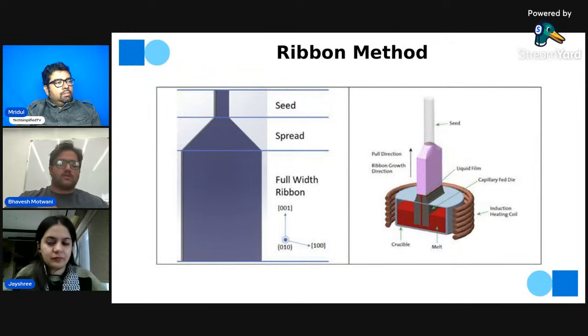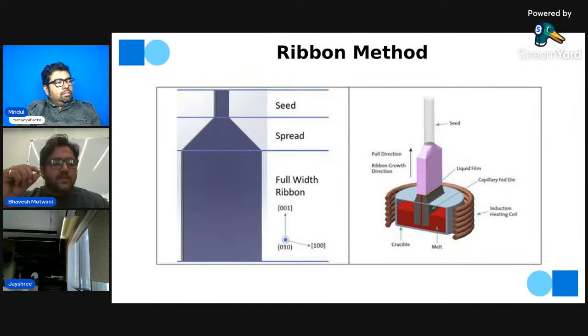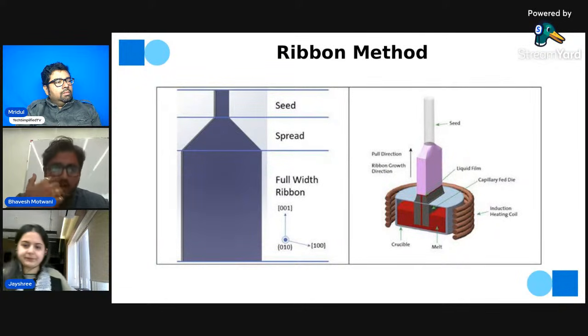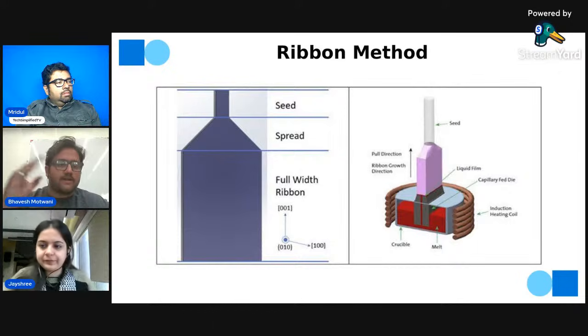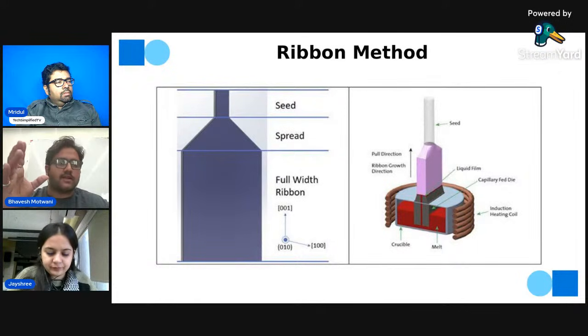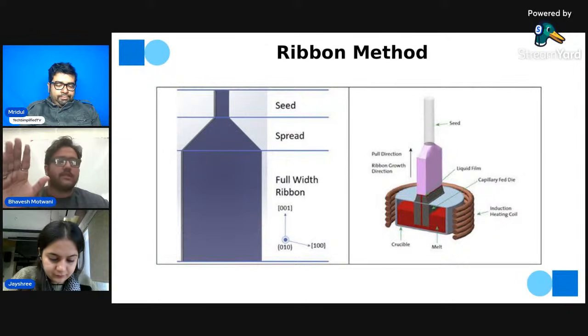It is not grown in a circular structure, and it has a thickness varying from 90 to 180 micrometer, because generally the wafers we make for solar cell fabrication vary from 90 to 180 micrometer in between that.